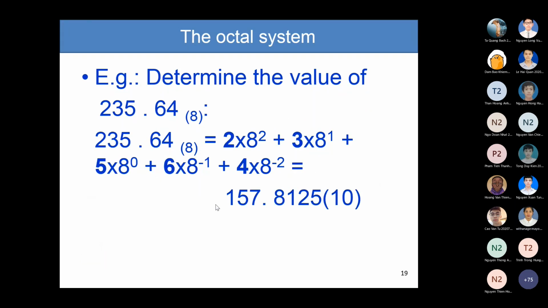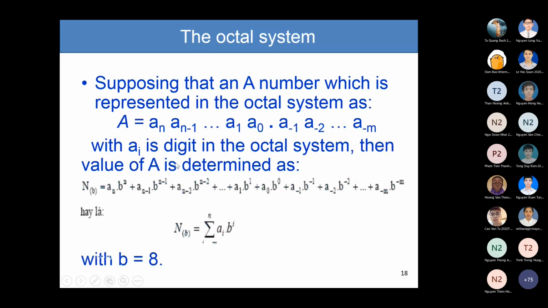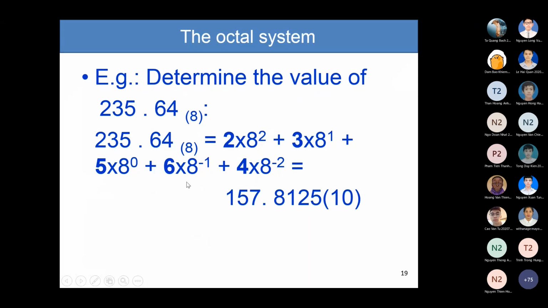For example, given a number in the octal system, for example the number 235.64. The subscript 8 here means this number is in the octal system. So we can determine the value of this number in the decimal system by applying this formula. First of all, we index the digits.